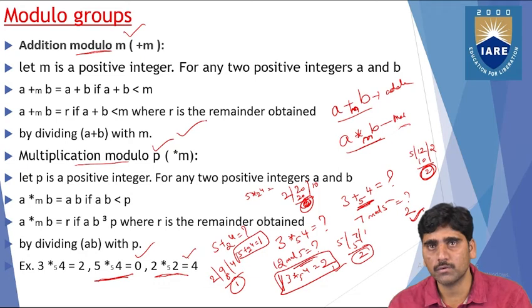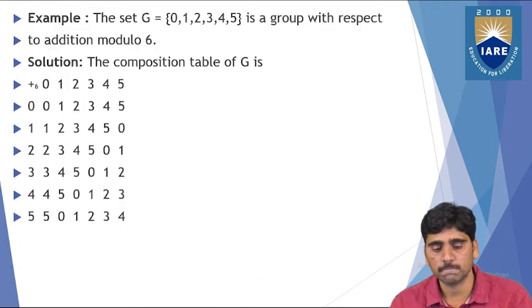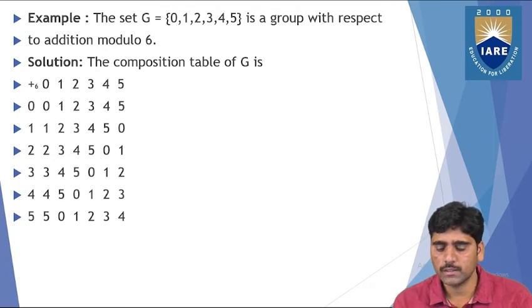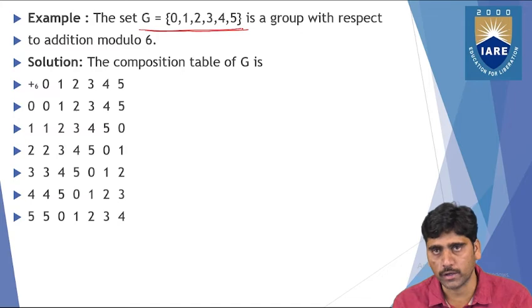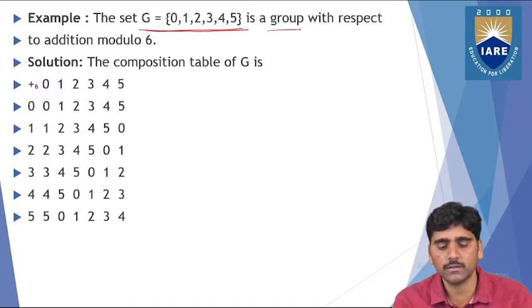We'll see one example of multiplication modulo and addition modulo. Let us take a group G equals {0, 1, 2, 3, 4, 5}, which is a group with respect to addition modulo 6. See how we are going to construct this composition table.